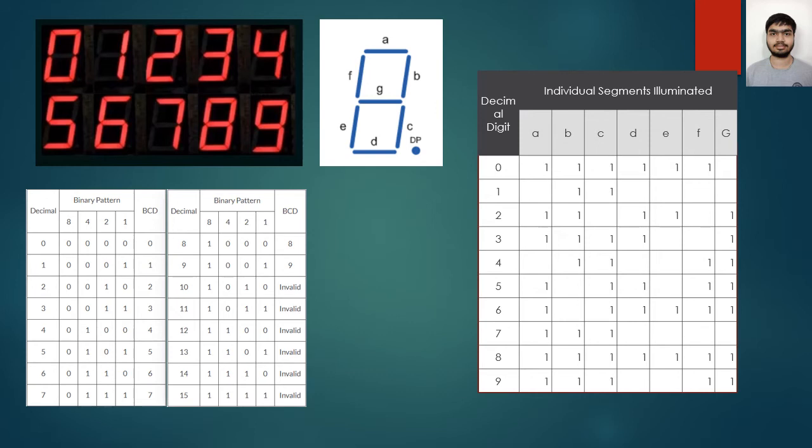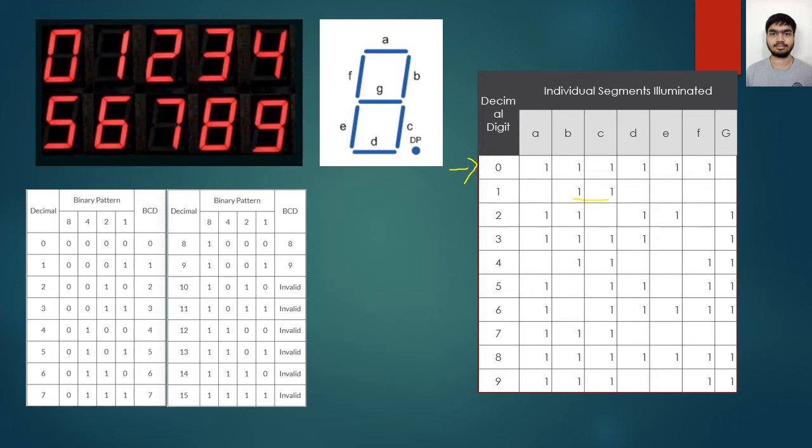So basically for each decimal number we can represent which LEDs should be lighted after naming the LEDs as A, B, C, D, E, F, G. For 0, A, B, C, D, E, F should be lighted. For 1, only B and C should be lighted.